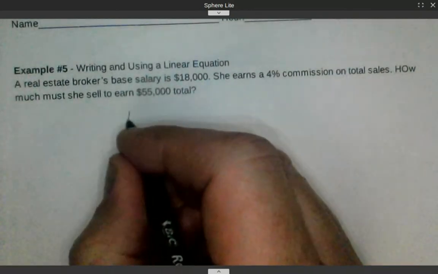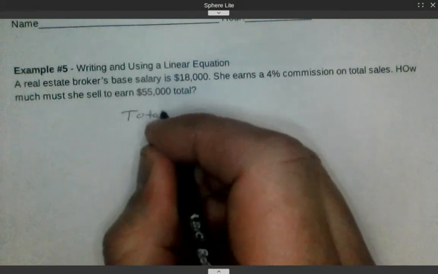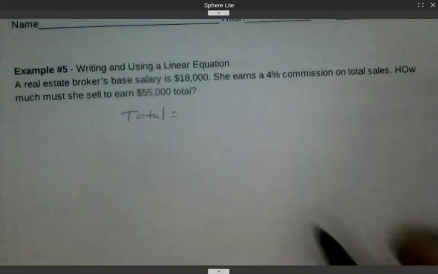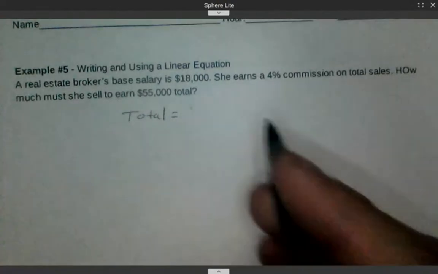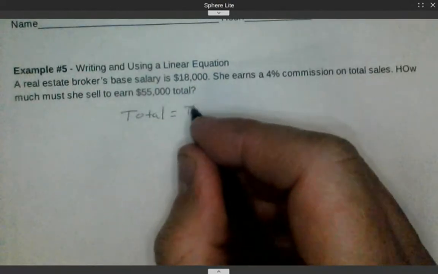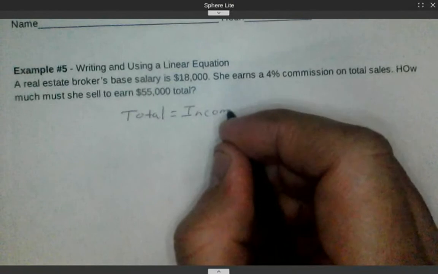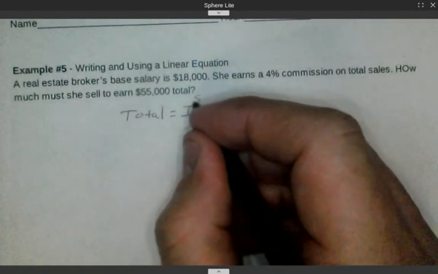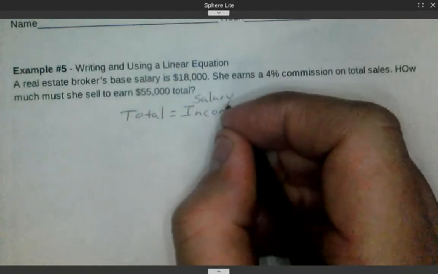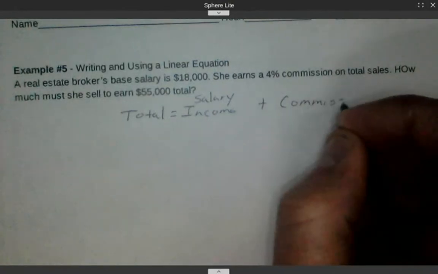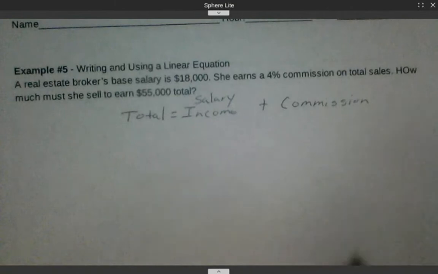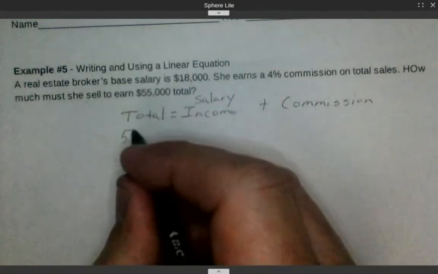So what we're going to do is we know she's going to be earning an amount two ways. Her income plus the commission. So we want to figure out the income or her salary plus her commission. Her total that she made was $55,000.